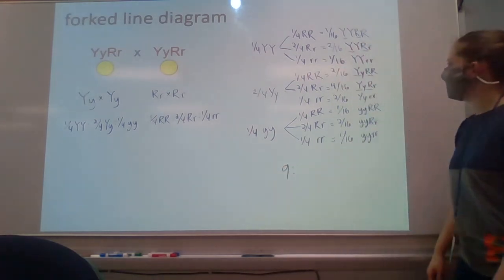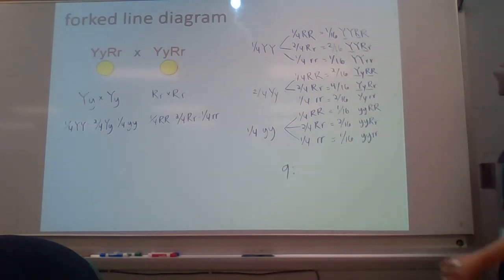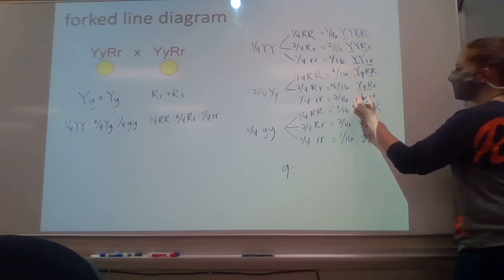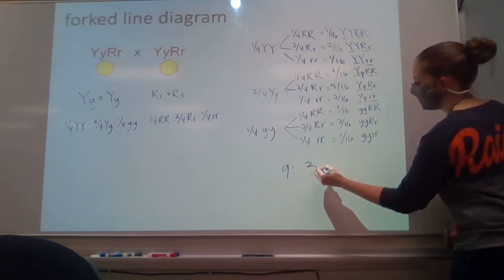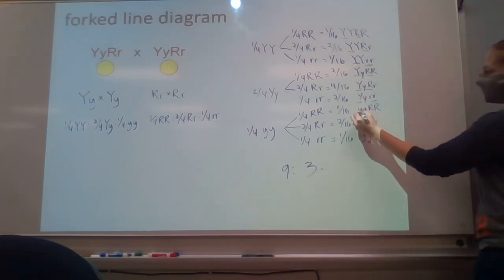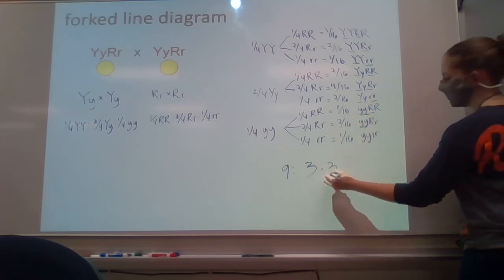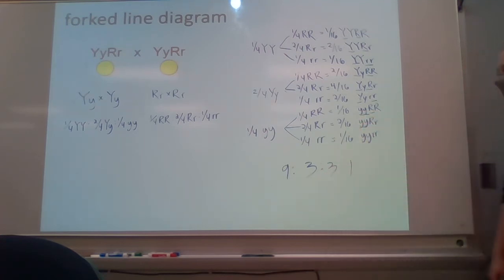And how many are going to have a dominant Y and recessive R's? 3. And how many are going to have recessive Y's but a dominant R? 3. And then you get a 9 to 3 to 3 to 1 phenotypic ratio that we're expecting to find, right, when you do a heterozygous cross for 2 traits.